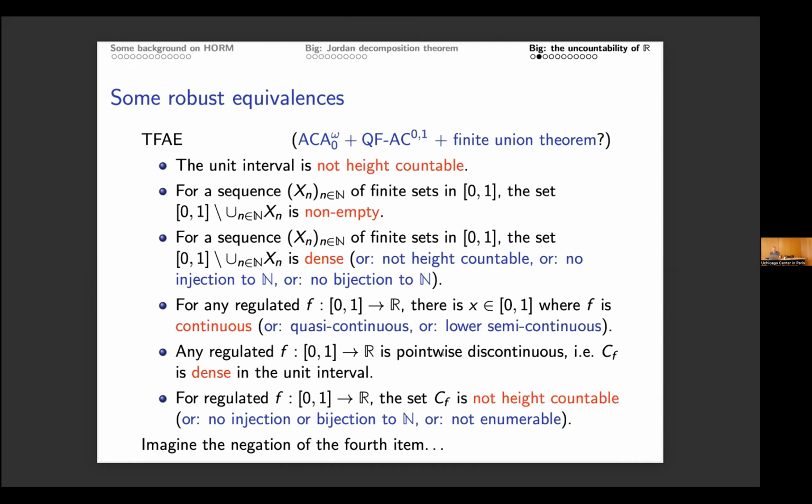And it means the set of continuity points is dense in the unit interval. Why is it called discontinuous then? Go ask Hankel, he's been dead for 300 years. So it's called pointwise discontinuous, I don't know why.